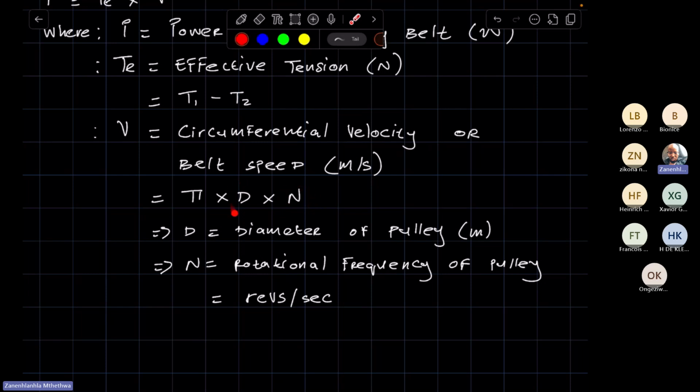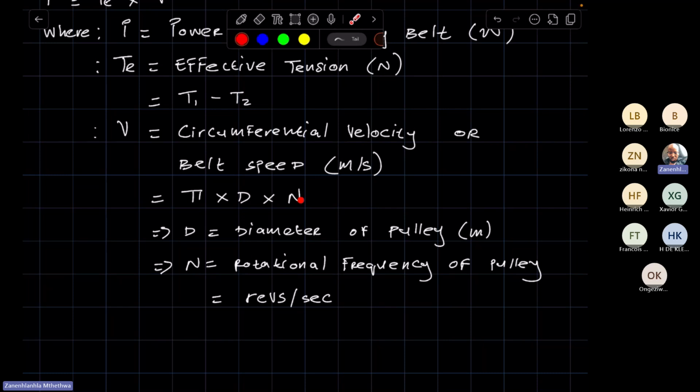So these two must correspond. If this is for the small pulley, that's for the small pulley. And if this is for the bigger pulley, then this also has to be of the bigger pulley. These two must always correspond.